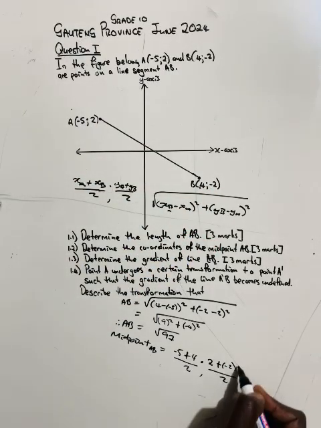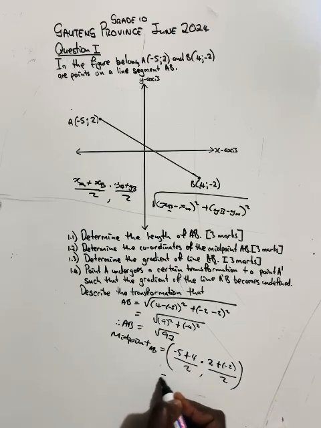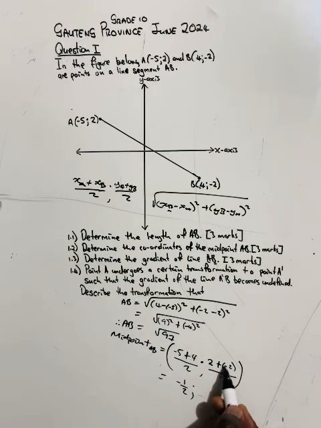Then negative 5 plus 4 gives me a negative 1. So we've got negative 1 over 2, semicolon, and 2 minus 2 divided by 2. Here we are already done, so we write our negative half.